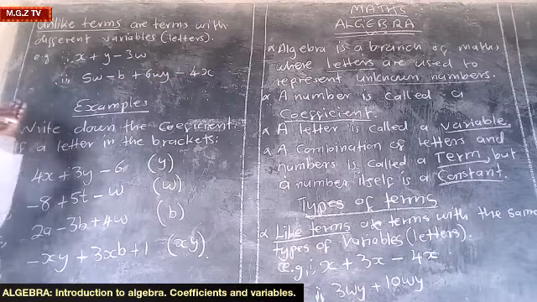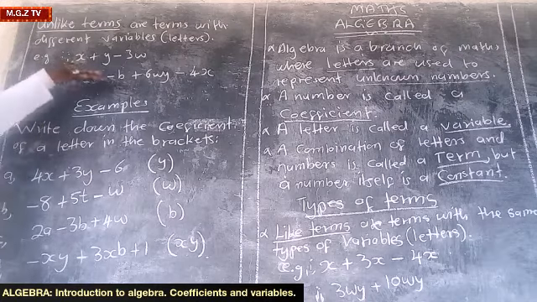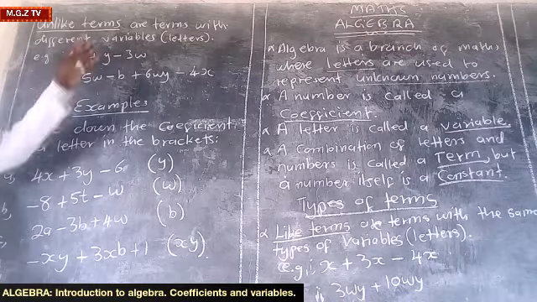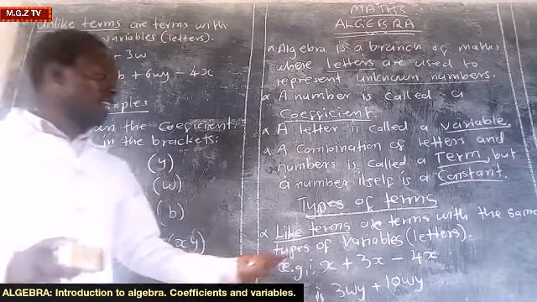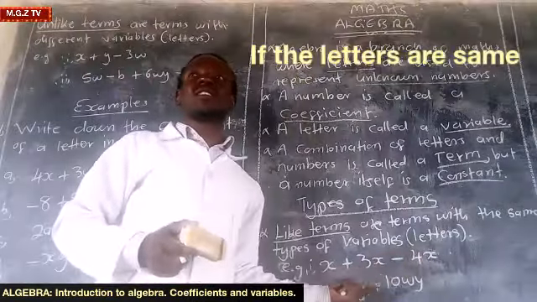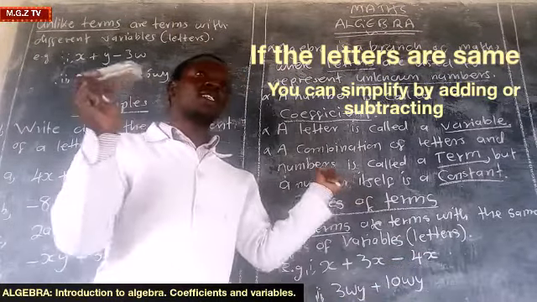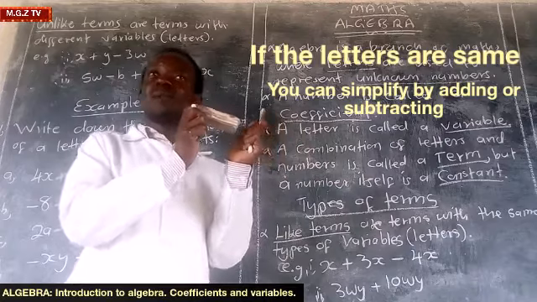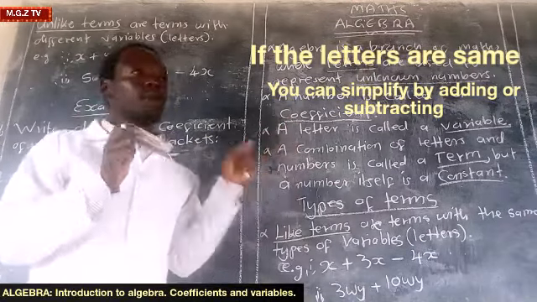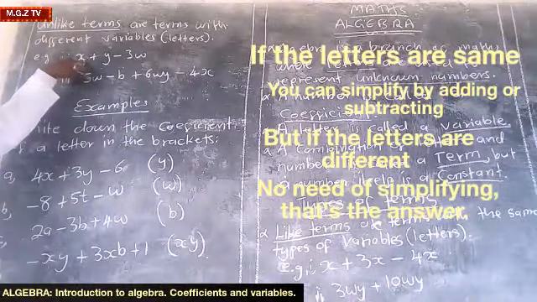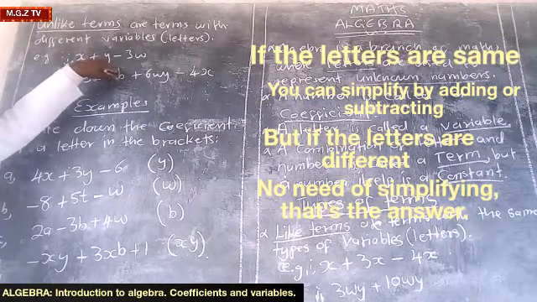They are all different, right? So in this case, we say these are unlike. Now listen, if the letters are all the same, we can add or subtract. But if they are different, there is nothing we can do to get your answer.